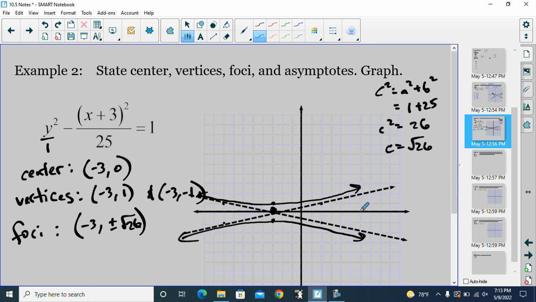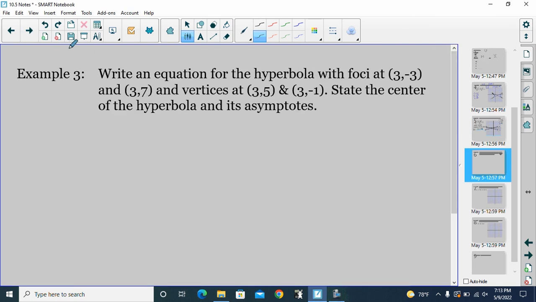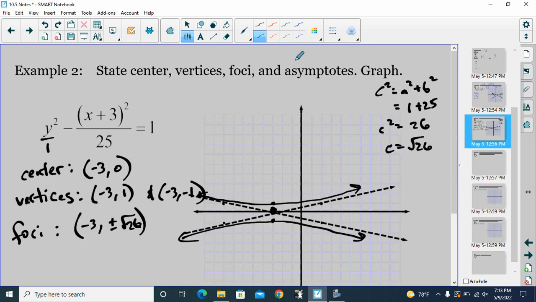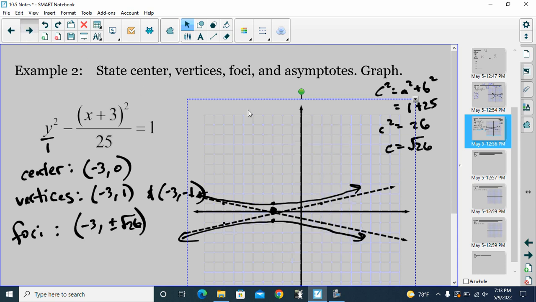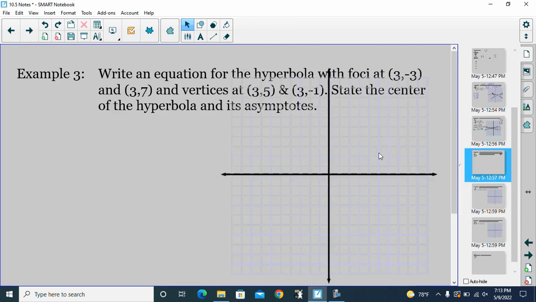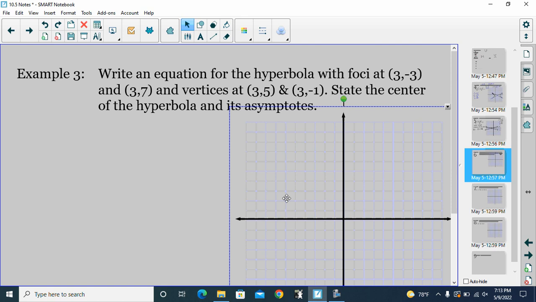So first couple examples, we are asked to state the information and draw a graph. Example 3, we want to write an equation. Write an equation for the hyperbola. It gives us the foci as well as the vertices. Like with other conic sections, I think it's easiest if we sketch this stuff out.